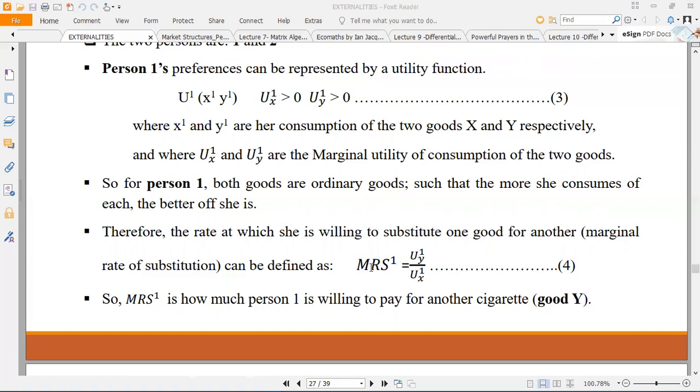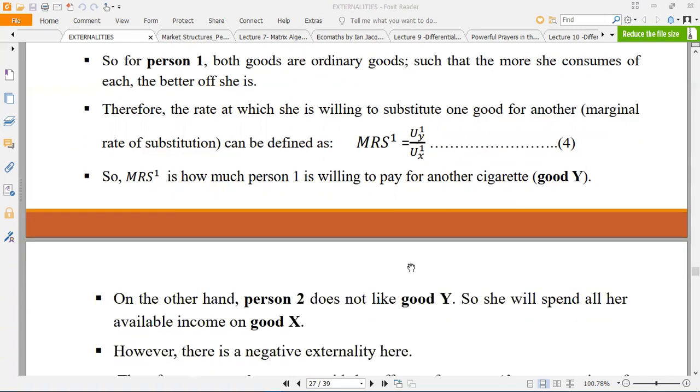So it's how much person 1 is willing to pay for another cigarette, or for another good Y. So let's keep this equation as well: the marginal rate of substitution for individual 1 is equal to the marginal utility of good Y divided by the marginal utility of good X.